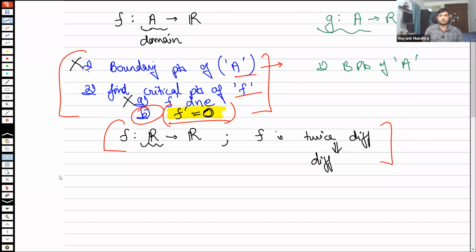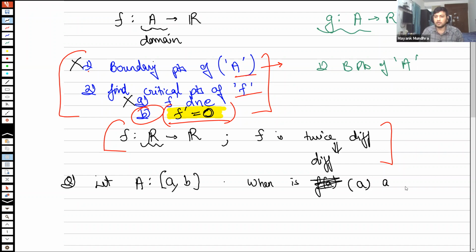The question is, let the set A be equal to the closed interval A to B. So when is A a local maximum?